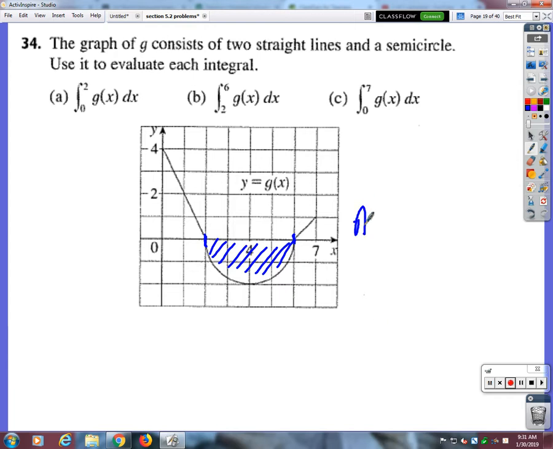So I'm going to find the area of the entire circle by going pi times the radius squared. So that works out to be 4 pi. Like I said, it's a semicircle, so half of that area is 2 pi. And even more excitingly, since it's below the x-axis, it's going to be negative 2 pi. Okay?